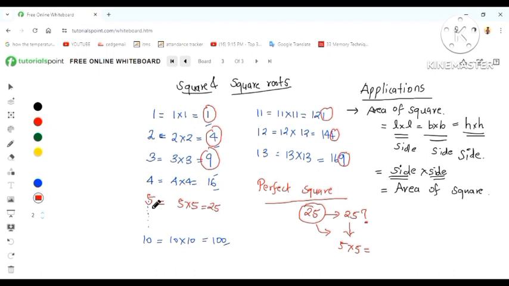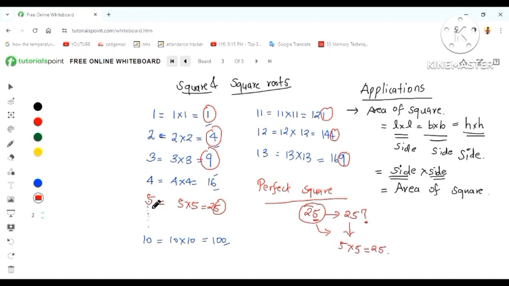In every square of a number whose unit digit is 5, you will find that the unit digit is 5 only. So if you see a 5 in the unit place, that is a squared number.